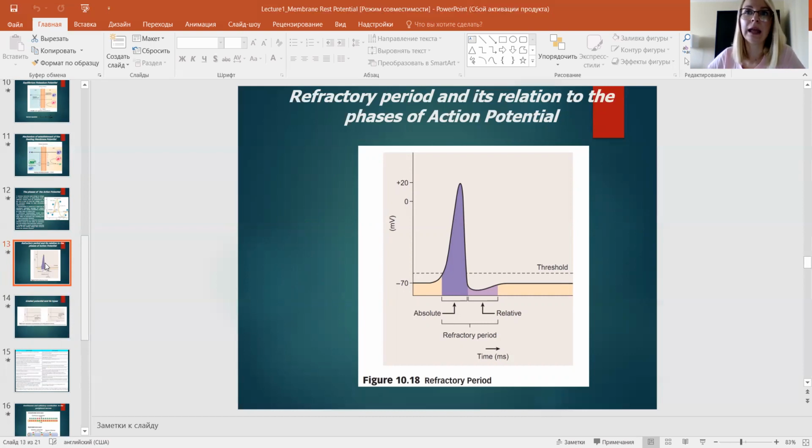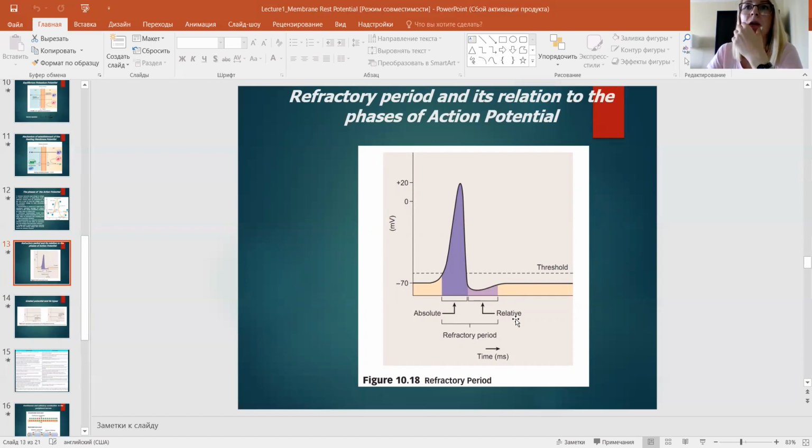The cell can't react at all to stimuli during the depolarization phase and repolarization phase. These periods are called the absolute refractory period. So here on this graph you have the absolute refractory period, which occurs during the depolarization and repolarization phase. And during the afterhyperpolarization phase, the relative refractory period occurs.